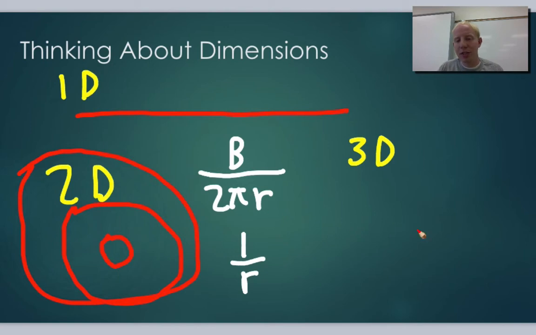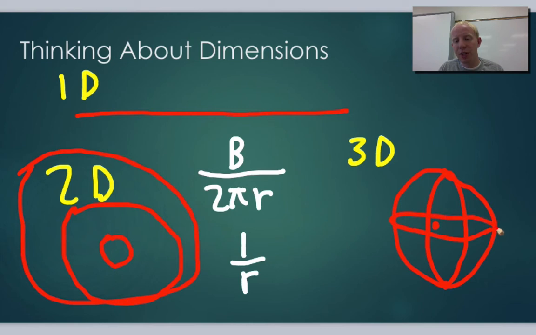I'm going to do my best to draw this. If you can imagine the center, we should see circular spread and a spherical spread in this direction. If you can kind of imagine a sphere here, I'm trying to do my best. Now from that center, it's spreading out spherically in all three dimensions.